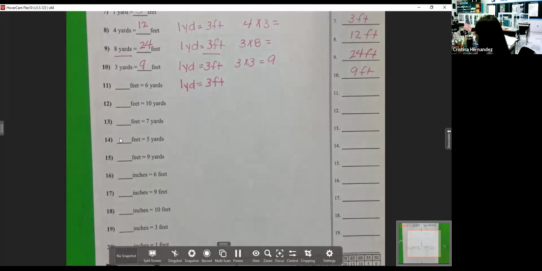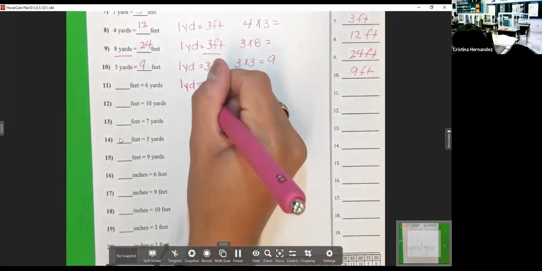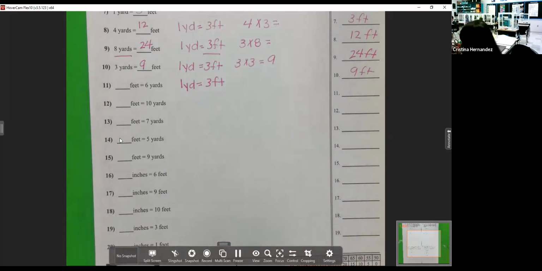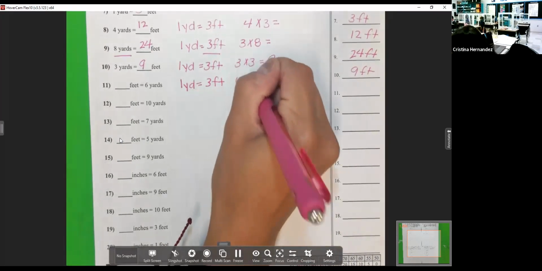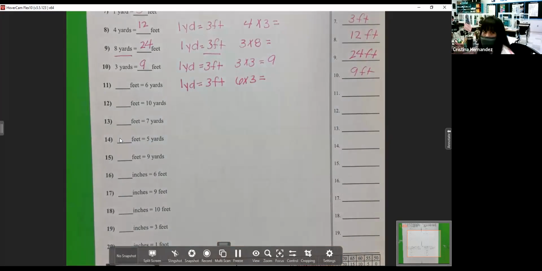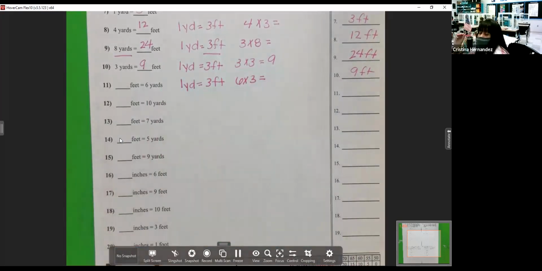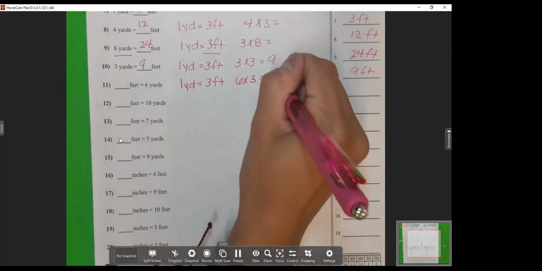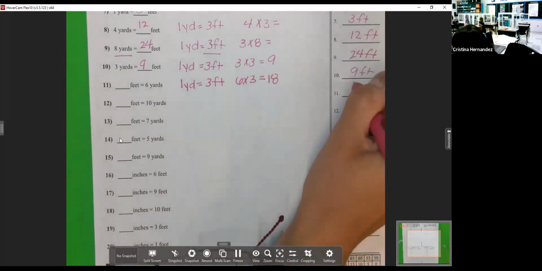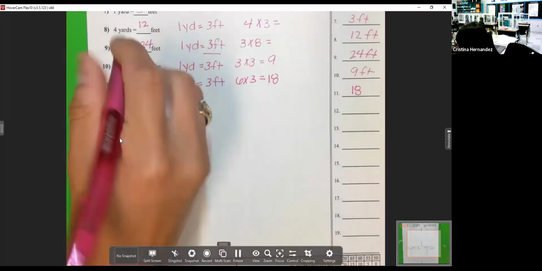What two numbers would we be multiplying? 6 and how many feet? And 3. 6 times 3 equals how many feet would be in 6 yards? 18. So that would be our answer: 18 feet.